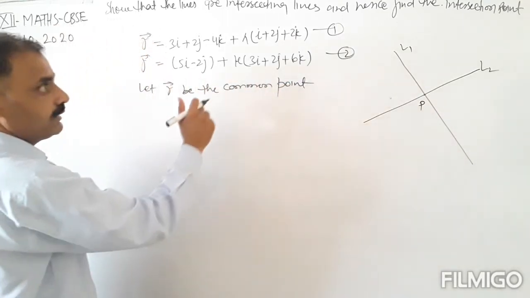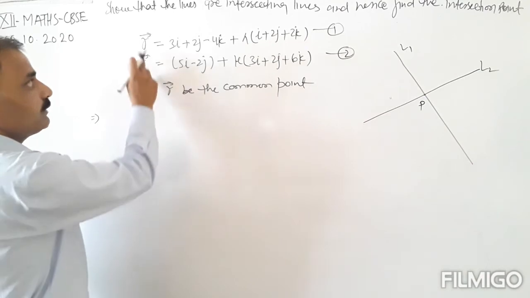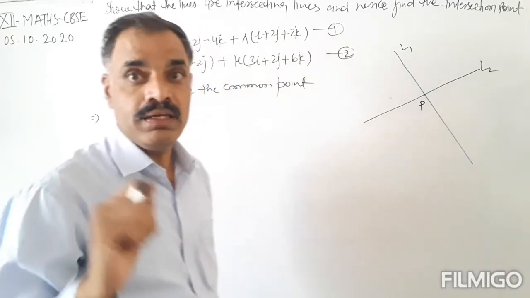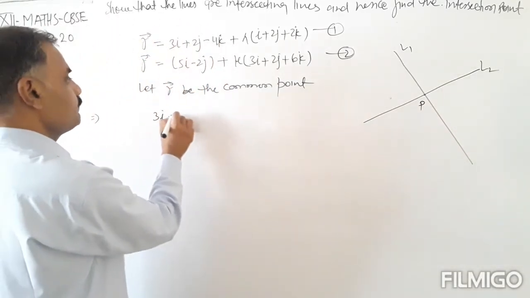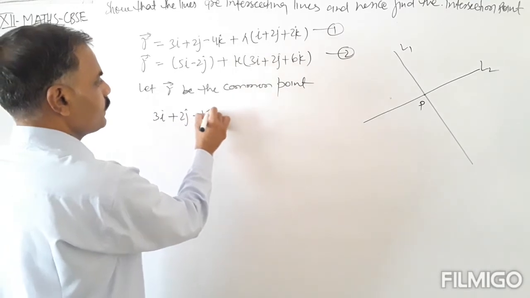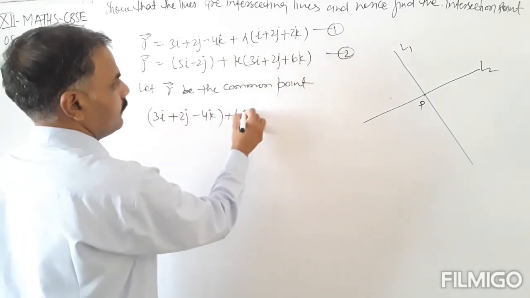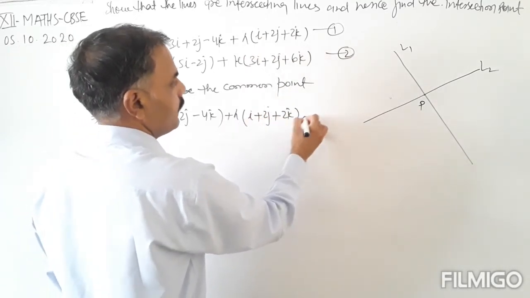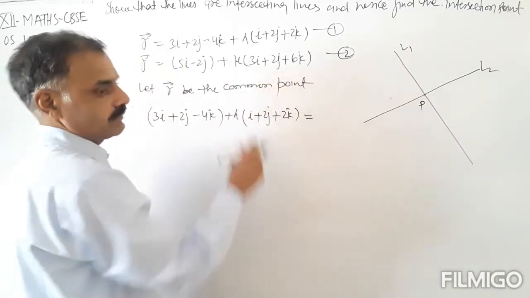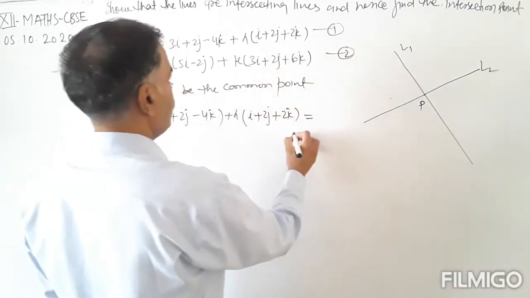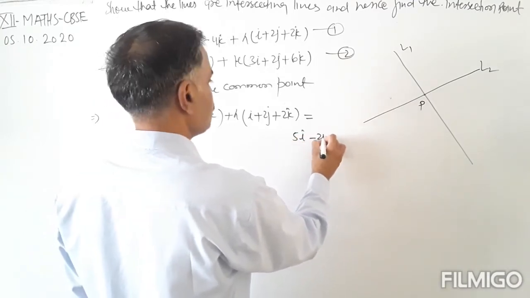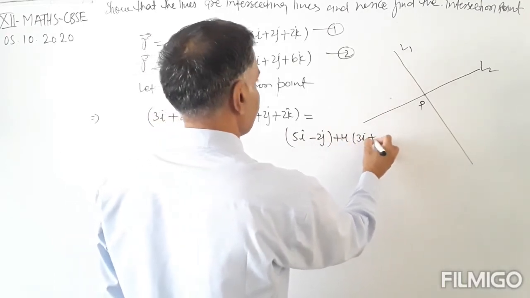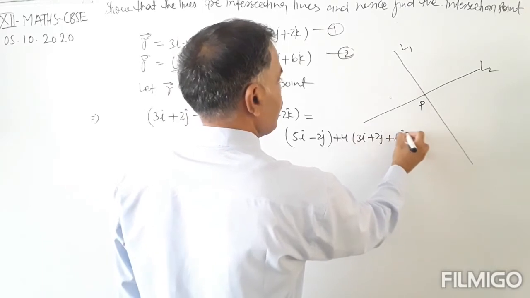When r vector is the common point, it means r vector of the first line equals r vector of the second line. So 3i cap plus 2j cap minus 4k cap plus lambda into i cap plus 2j cap plus 2k cap equals the second line, that is equation number second: 5i cap minus 2j cap plus mu into 3i cap plus 2j cap plus 6k cap.